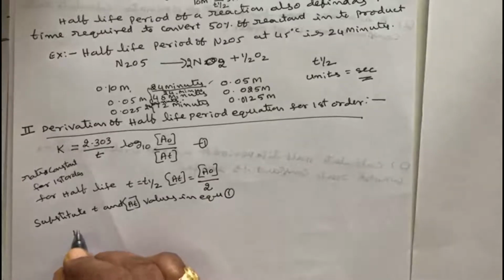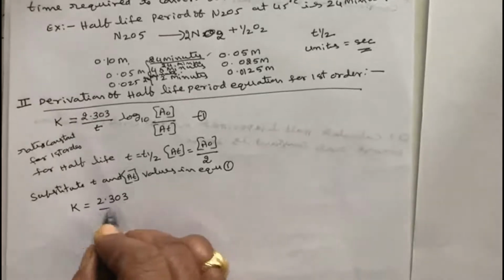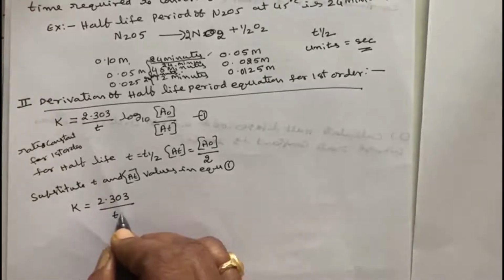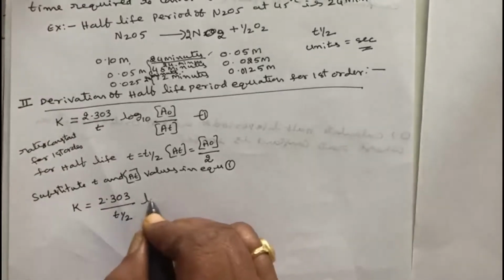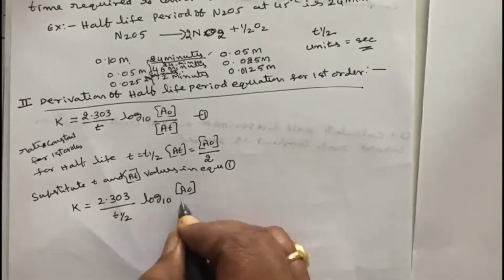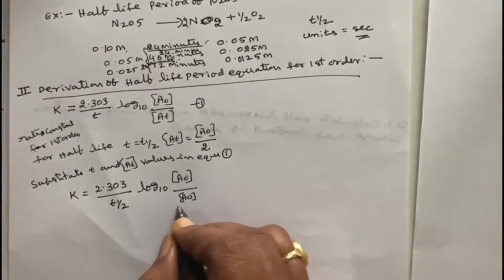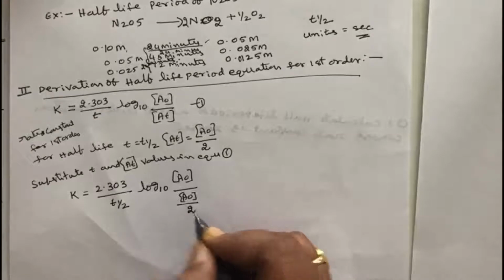We write K equal to 2.303 by T half log base 10 A0 concentration by, instead of AT, A0 concentration by 2.